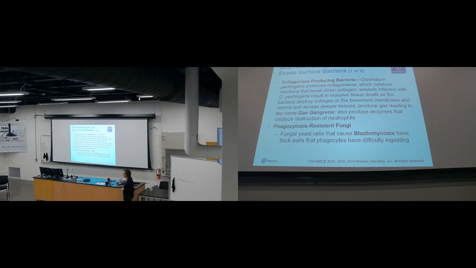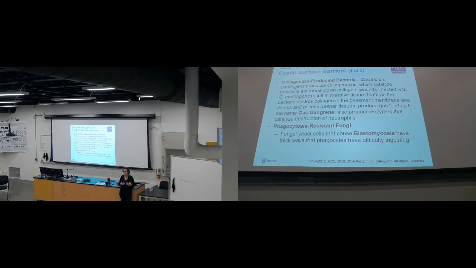Now, unfortunately, certain bacteria can cause infections, especially if you have a wound and you don't take care of it. They can penetrate through the wound, and they have their own enzymes that can break down the collagen fibers that we have in the skin, and that lets them go deeper.